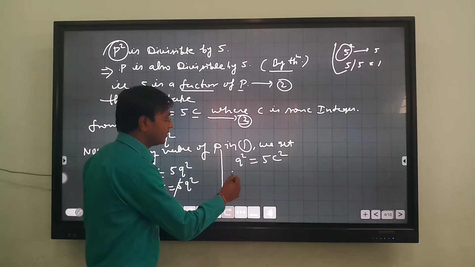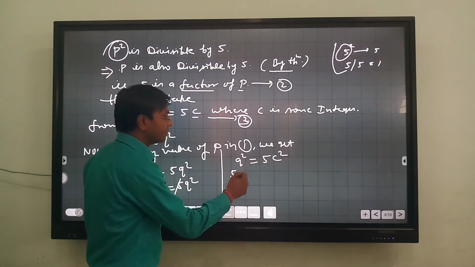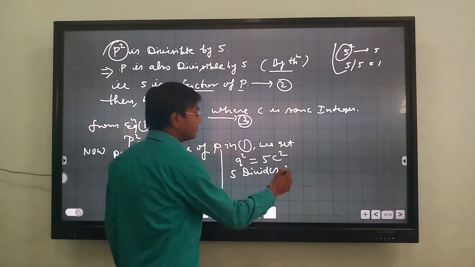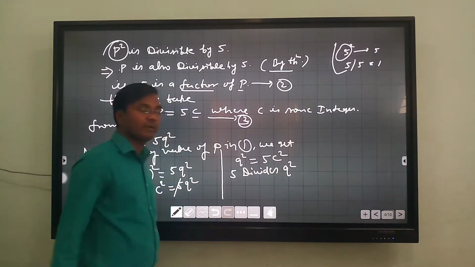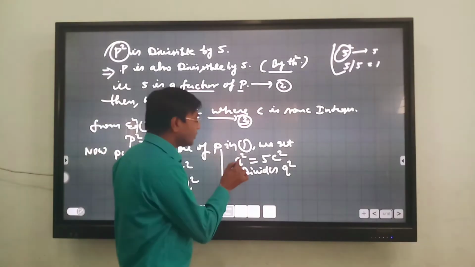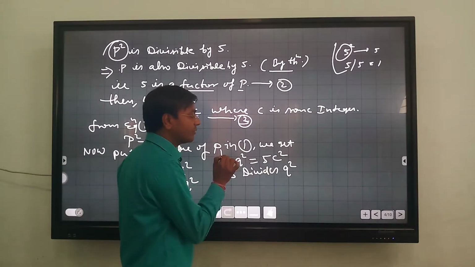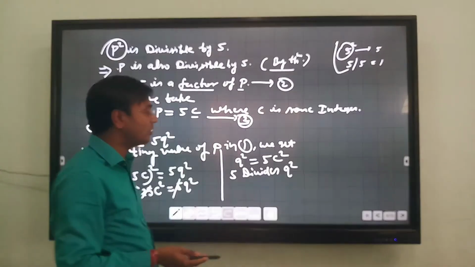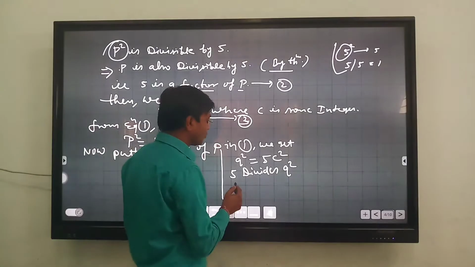It means what? This 5 divides q square, or we can say q square is divisible by 5, because the value of q square is what? It's coming 5c square, a multiple of 5. So 5 divides q square.